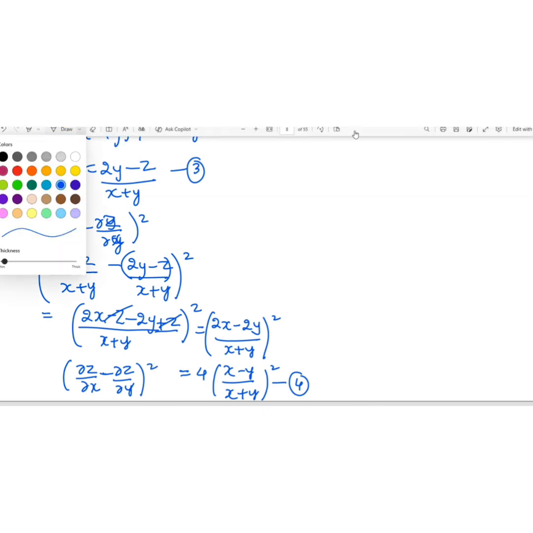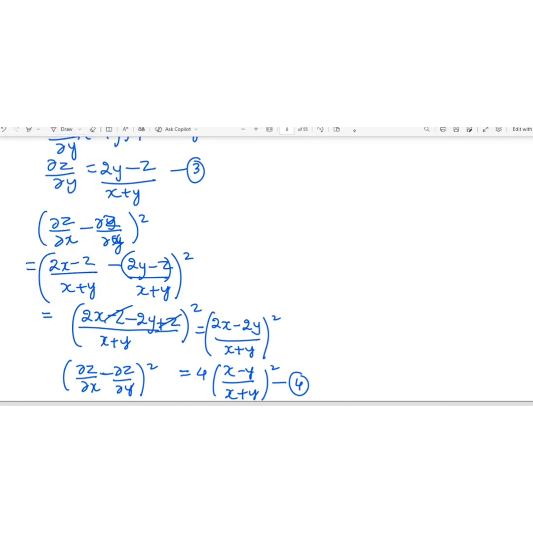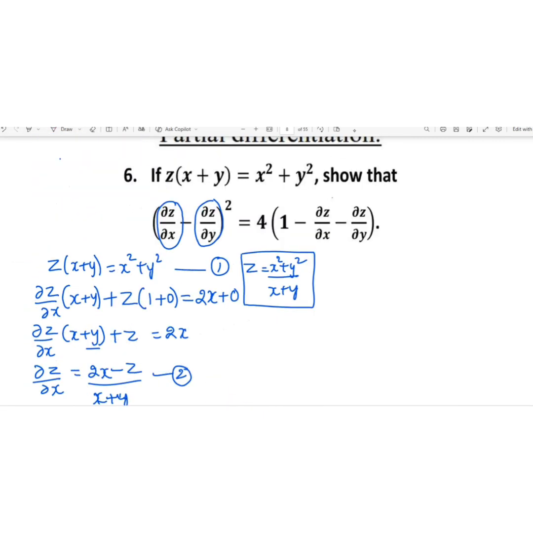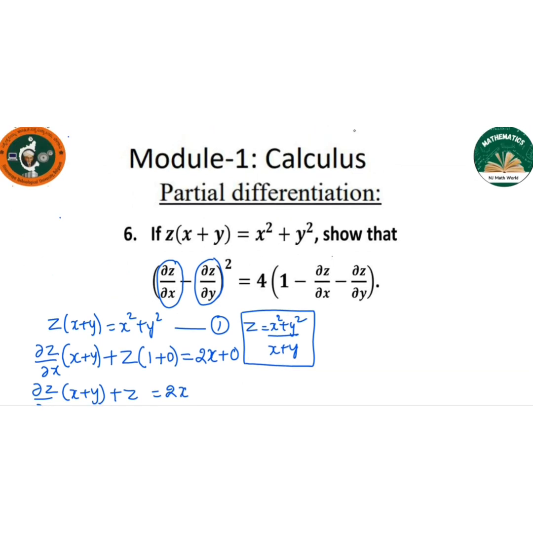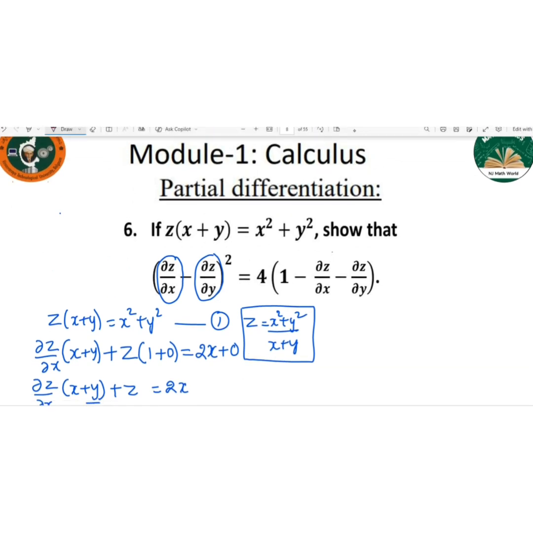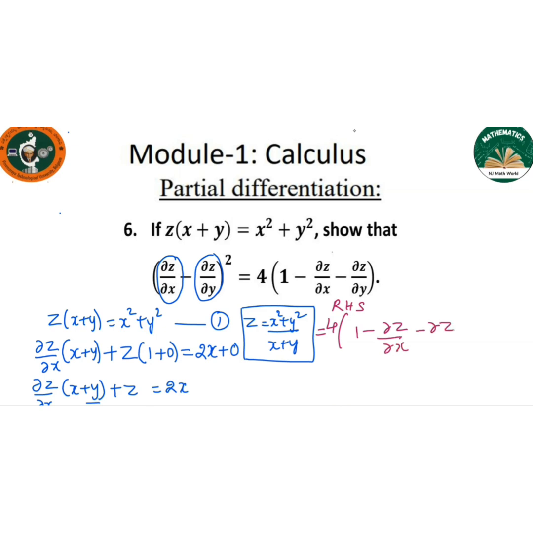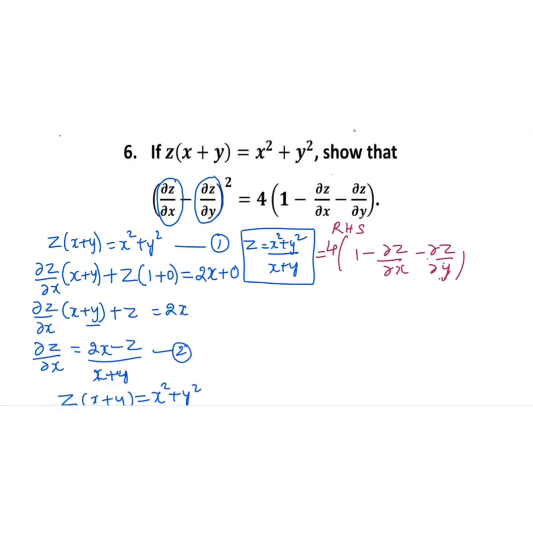So now let me take RHS. To prove RHS, we have 4 into 1 minus dou z by dou x minus dou z by dou y. Now substitute the values of dou z by dou x and dou z by dou y.